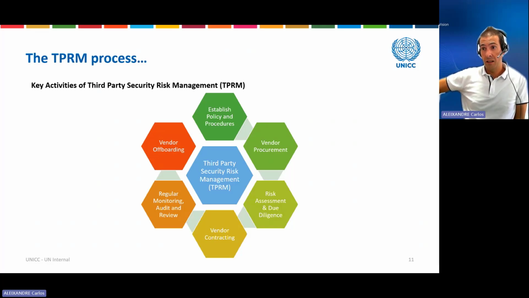So as I said, things like having a categorization of our vendor is key to run a risk-based approach to this process, right? Because based on that, then we will determine the level of due diligence that we need to perform. Do we need to perform a very comprehensive risk assessment for this particular vendor? If it's a critical one, for sure, yes.